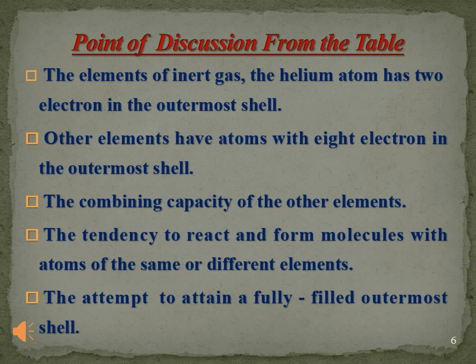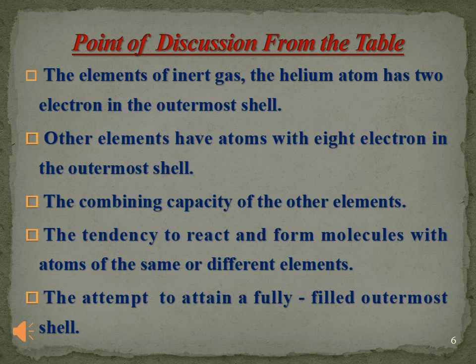Students, now we'll see the important concepts which we are able to learn from the table. We can say that among the elements of inert gas, the helium atom has 2 electrons in the outermost shell, and the other elements have atoms with 8 electrons in the outermost shell.